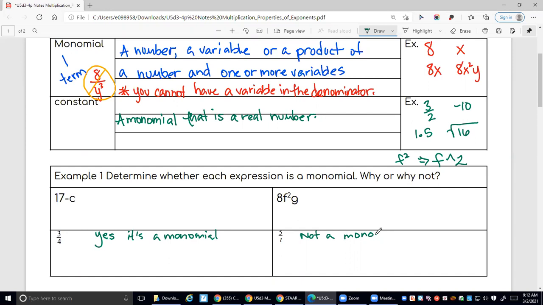But it's not a monomial because of the variable in the denominator. And most people didn't really select these two, so these are all yeses. Oh, wait. This one is not a monomial. Who can tell me why?